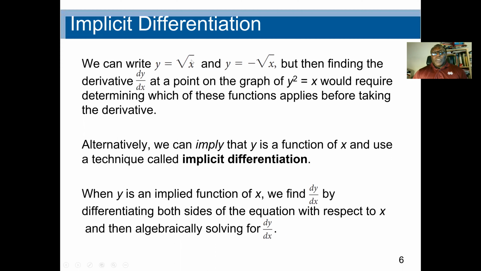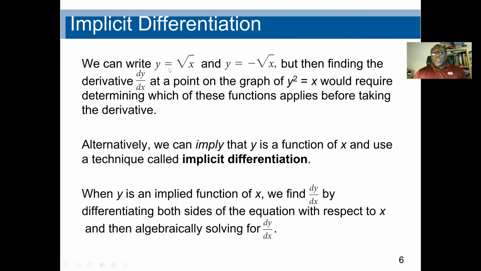So we can say y equal to the square root of x, and y equal to negative square root of x. But finding the derivative dy/dx at a point on the graph of y squared equal to x will require us to determine which of these functions to use before taking the derivative.